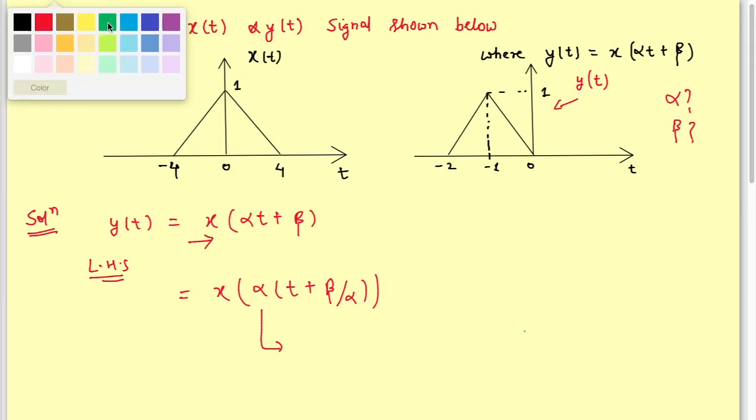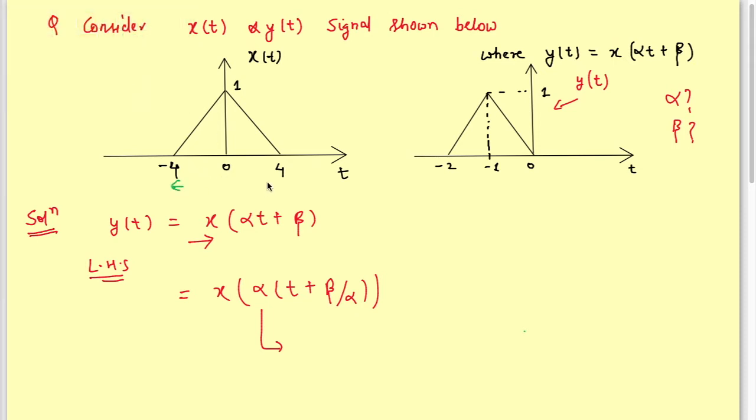Now there is information given in the signal itself. The width of my signal x of t here is 8, and the width of my signal y of t is only 2. So my signal is getting compressed.